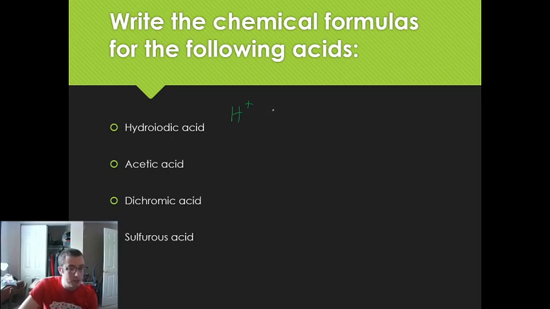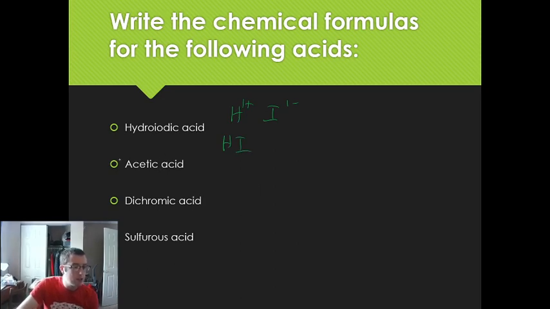And iodine is going to have a charge of 1 minus, because it's in the 7th column, so it wants to gain 1 to get to that full octet of 8. If you need a review on that, make sure you go back and look at those notes, or let me know if you want tutoring videos, whatever. So when we crisscross, that's simply HI.